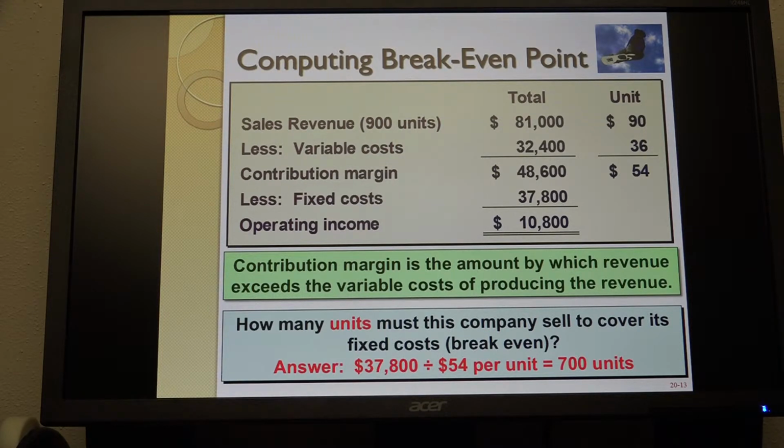And so 81,000 minus 32,400 equals 48,600. And then fixed cost will usually be a given, but not always.